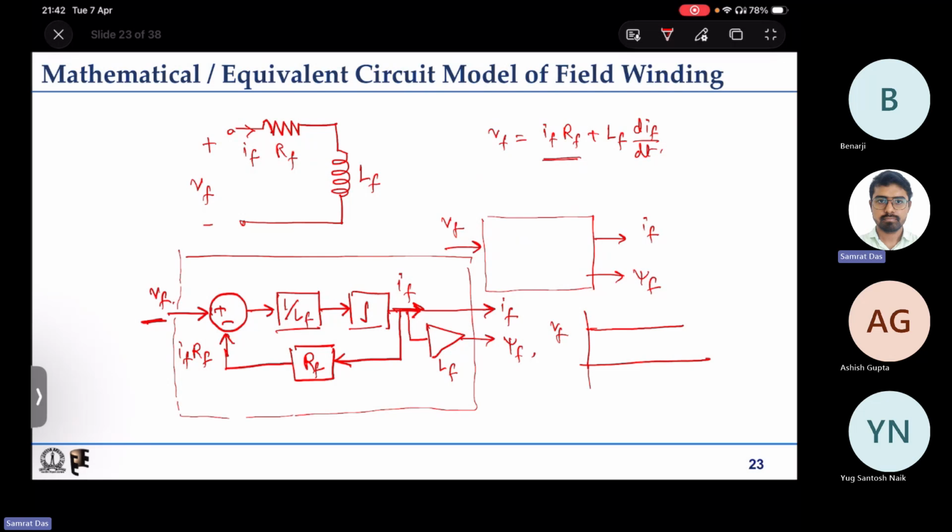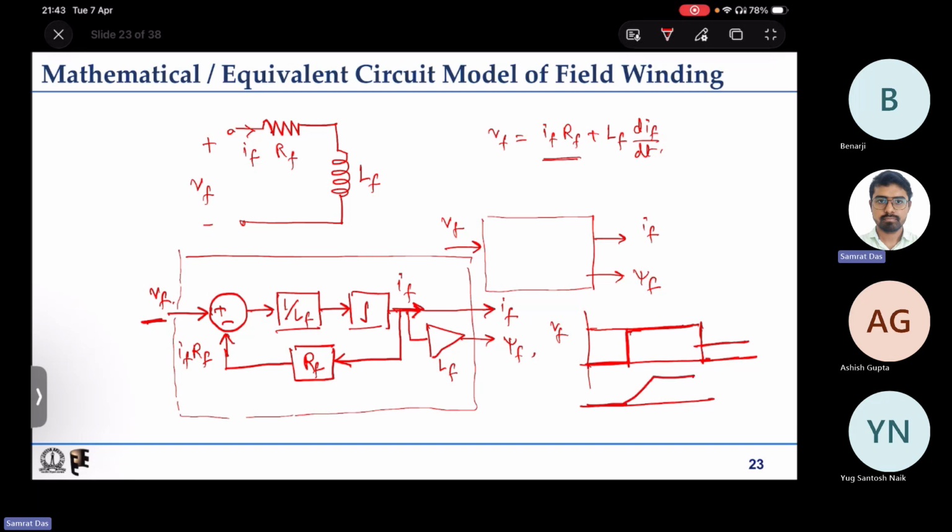It could be 0 for a certain period, then you give a step input to the voltage, and then reduce the step to 0, or reduce it to some other value, or increase it by a ramp, all those things you could have.